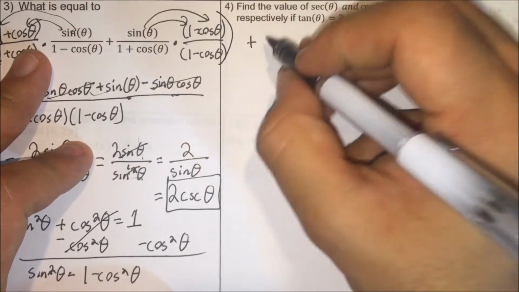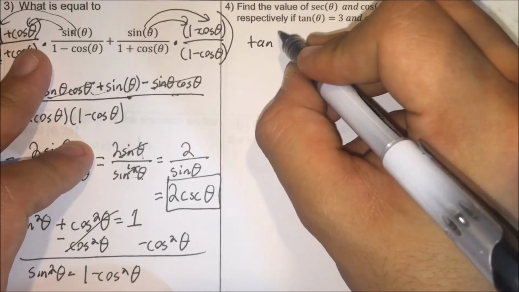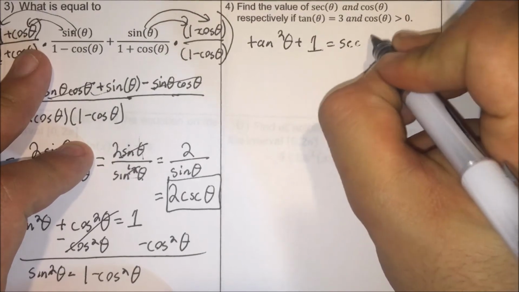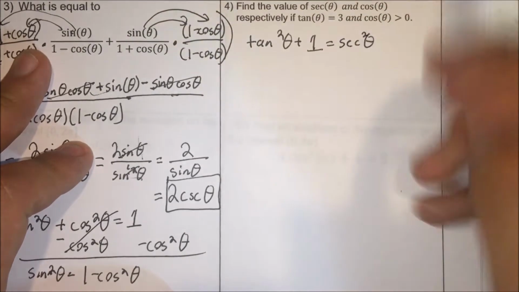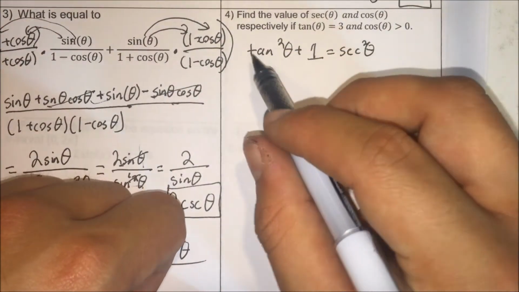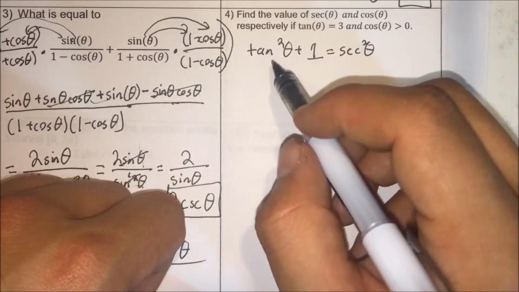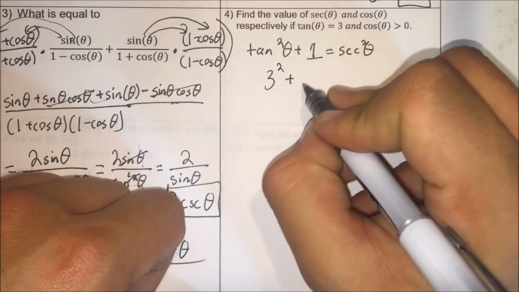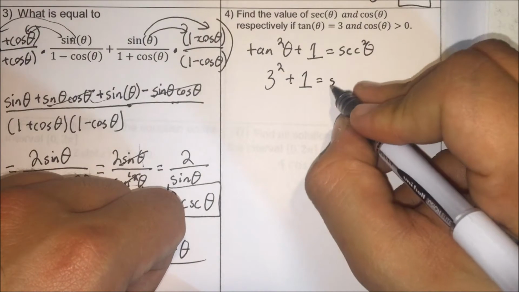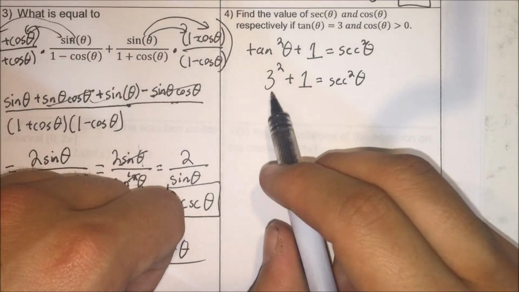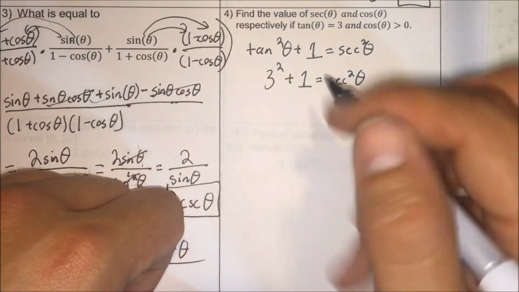We know that tangent squared of theta plus 1 is equal to secant squared, which is nice because that's one of the ones we're asked to find here. And so we say, okay, well, tangent squared, we know that's 3, so we'll just say 3 squared plus 1 is equal to secant squared. We know that 3 squared is going to give us 9, and then we add 1 to that.